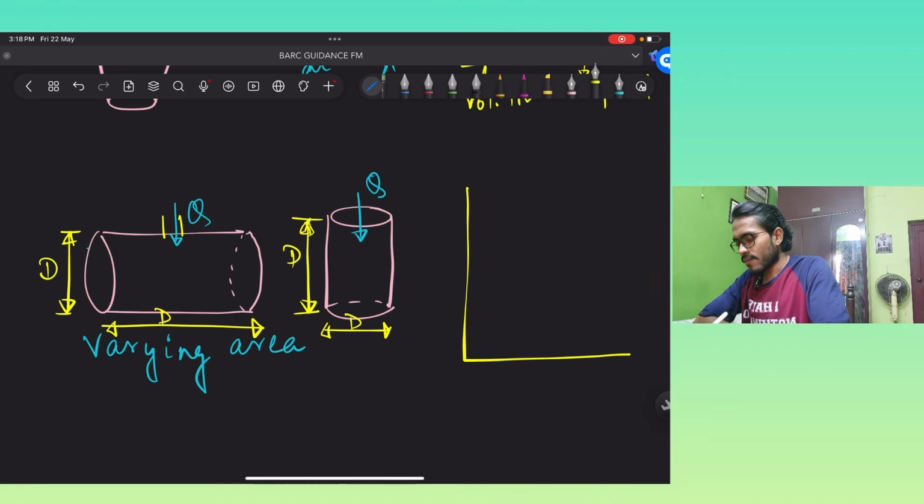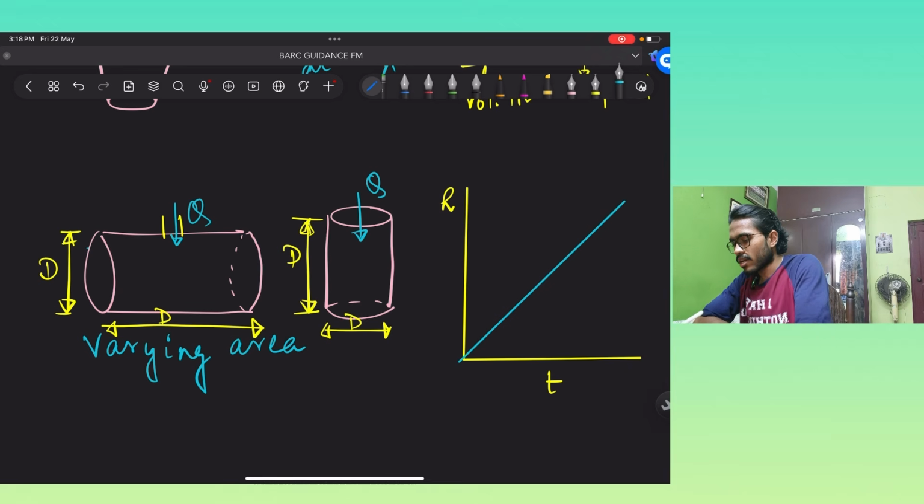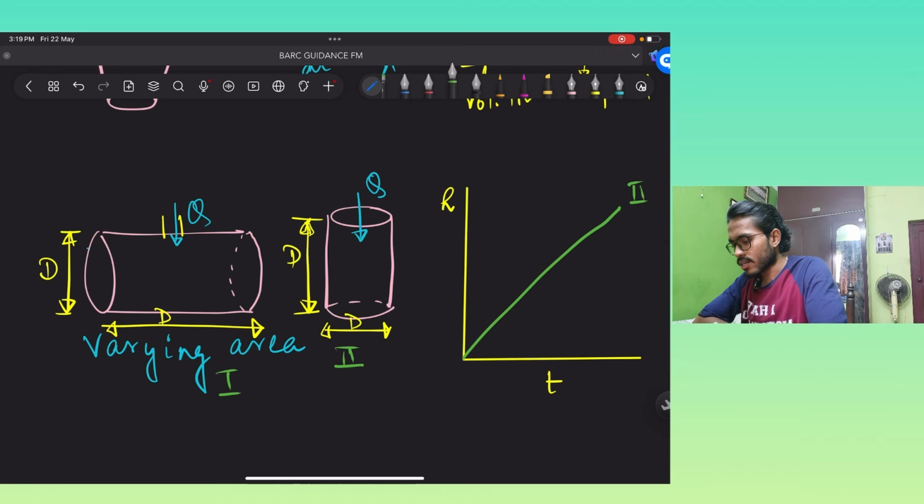So again, if I have to draw this curve of H versus T, firstly we know that for the second case the graph will be something like this. Let me name the cases: if this is 2 and this is 1, then this graph is for 2. I will draw it with the green color.